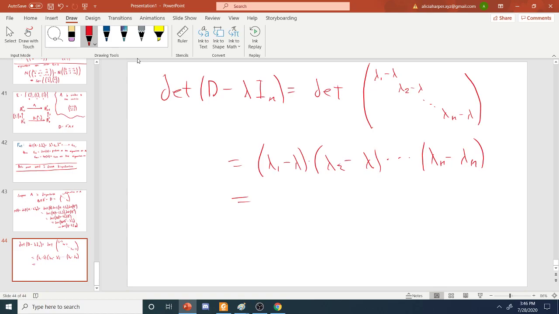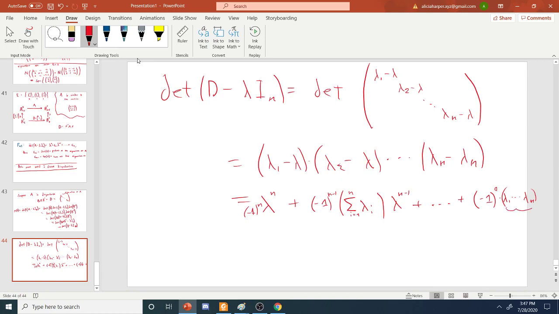So if you expand this out simply by using the distributive law, you get that this is the same as lambda to the n times minus 1 to the n, plus minus 1 to the n minus 1 times the sum of the lambda i from i equals 1 to n times lambda to the n minus 1, and so on, plus minus 1 to the 0 times lambda 1 through lambda n.